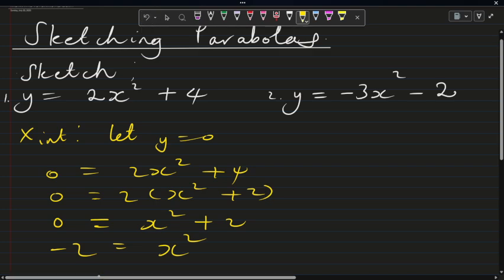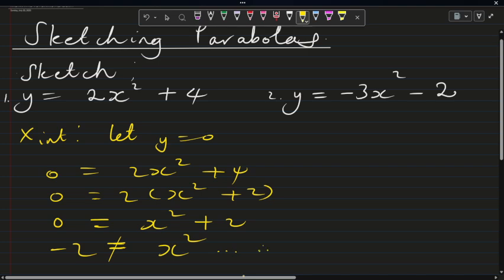So this is an indication that we have no x-intercept for our graph, because it produces a situation that is not possible. It's a good sign that we do not have an x-intercept.